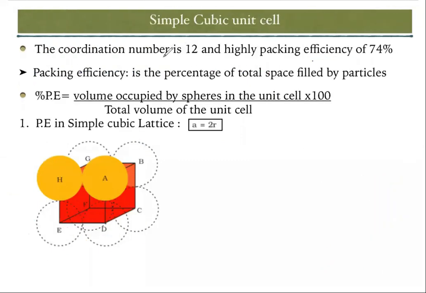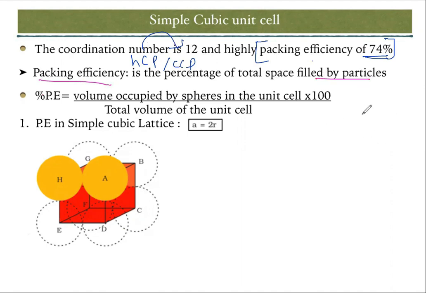As mentioned in the above slide, in both cases, whether it is HCP or CCP, the coordination number is 12, and the packing efficiency is 74%. Now a question is, what is packing efficiency? It is the percentage of total space filled by particles.